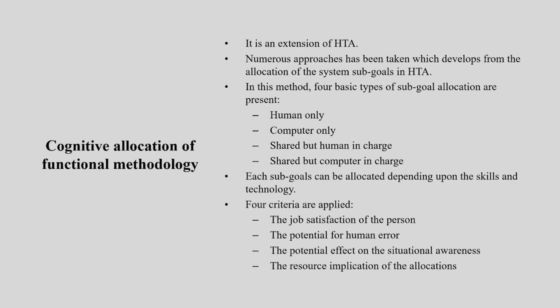So 4 criteria are applied: the job satisfaction of a person, how satisfied a person is with that particular job; the potential for human error, so what are the things available in the system which are the potential causes for human error; the potential effect on the situational awareness, which is very, very important, because if you are completely aware about the situation that is going to come, maybe cognitively you are more powerful to handle that particular situation.